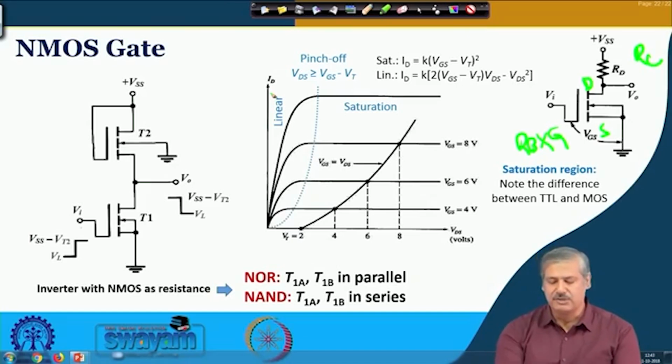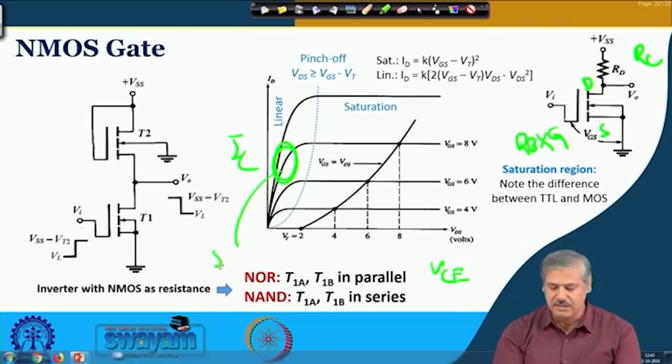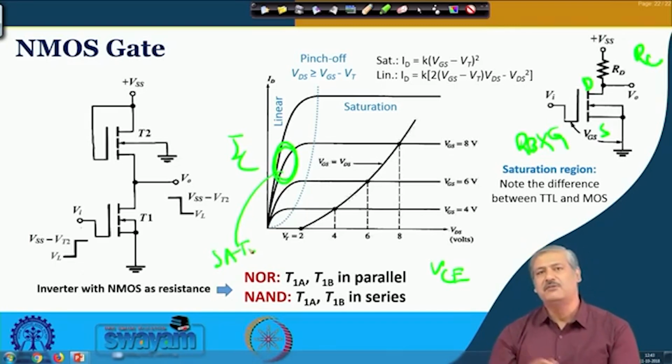In that curve, this region was the saturation region, if you remember. When the collector emitter voltage was 0.2 volt or 0.1 volt or so, both the BC junction and the BE junction were in forward bias.